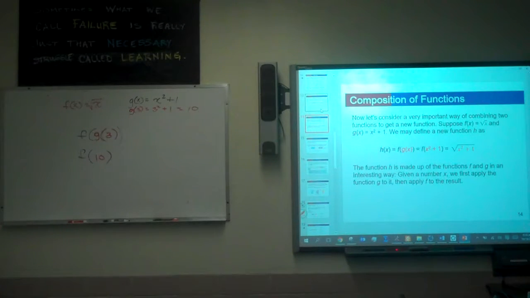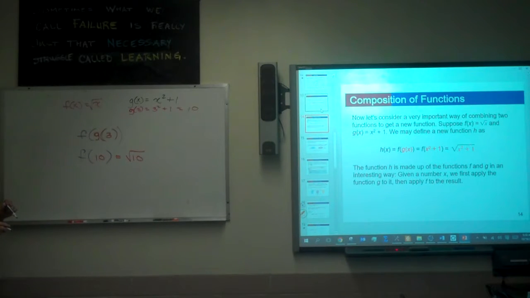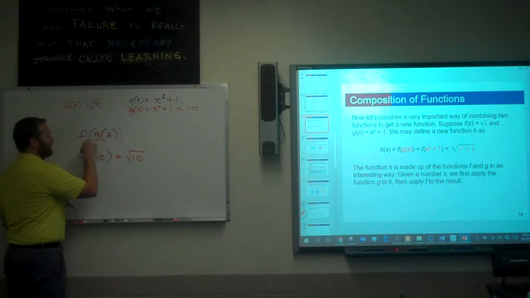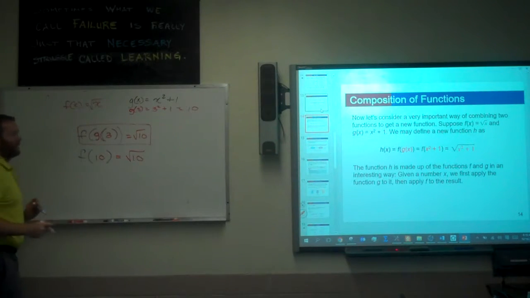So I use an initial input of 3, run it through one of the functions, get an output. That output now becomes the input for the remaining function. So now I'm going to take this 10, run it through f, and I should get radical 10 back, right? So f of g of 3 was radical 10. And we should be able to do that for any value that's ultimately in the domain of g. Okay?